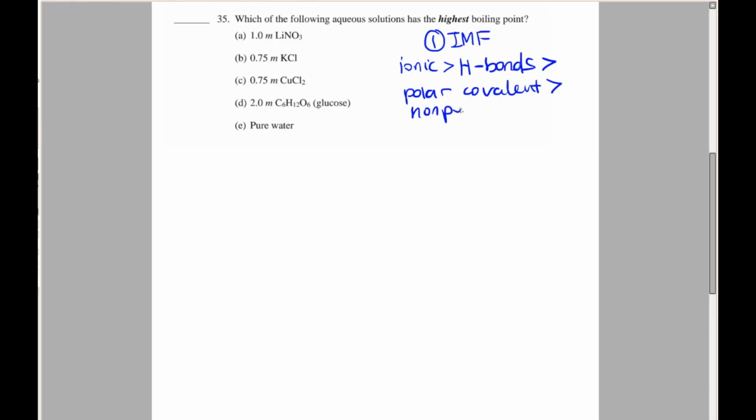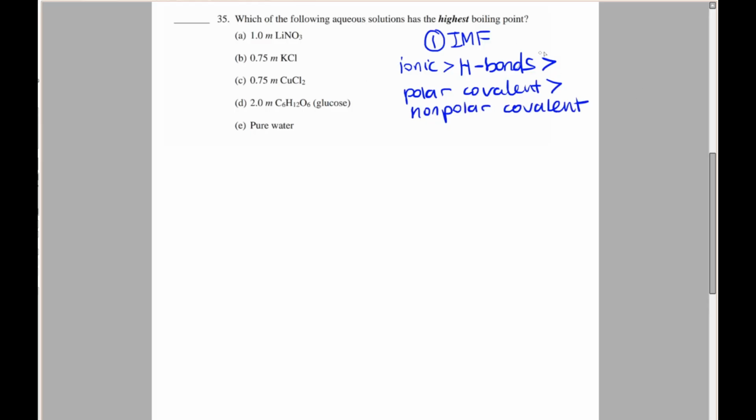35. Which of the following aqueous solutions has the highest boiling point? When we're considering the highest boiling point between a number of substances, there are two major considerations. The first one, and the more important one, is the intermolecular forces. That means ionic bonds, then hydrogen bonds, then polar covalent, and then non-polar covalent.